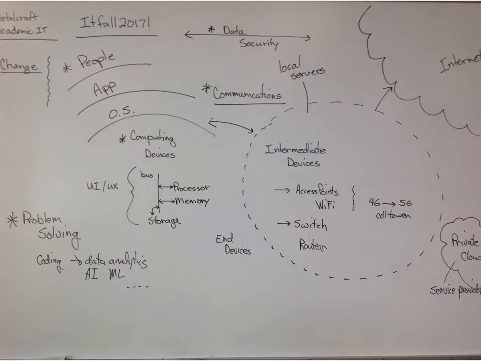Here we talked about some major points. For example, we started off talking about computing devices. Almost all devices have some processor, memory, and then some means for communicating between those. Now, a lot of devices also have some kind of storage, like your phone.